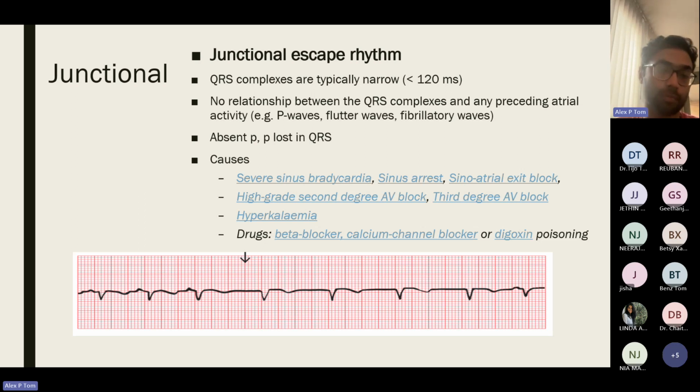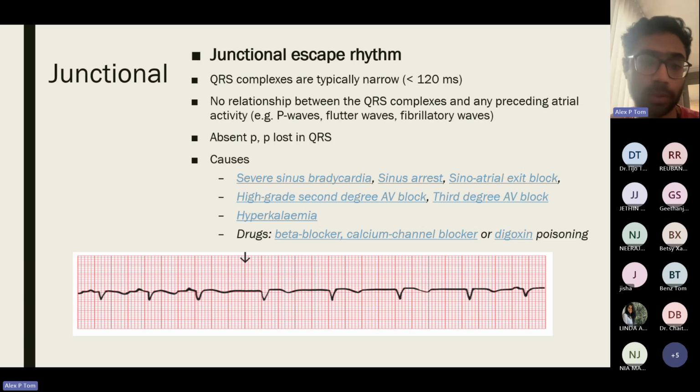The rate would be a bit less compared to a normal SA node rhythm. Causes are sinus arrest, dyslipidemia, atrioventricular blocks, and drugs causing the block, such as beta blockers, calcium channel blockers, or digoxin poisoning.